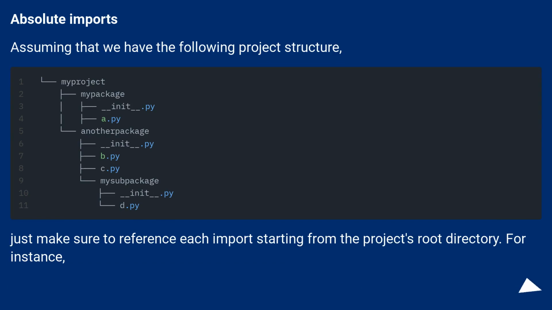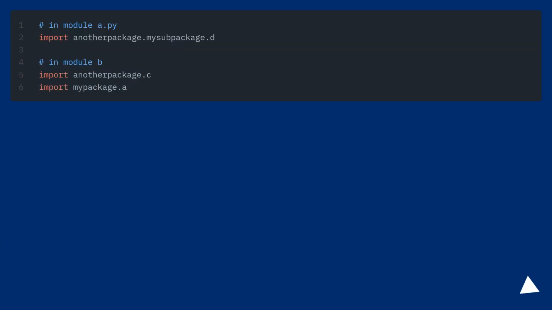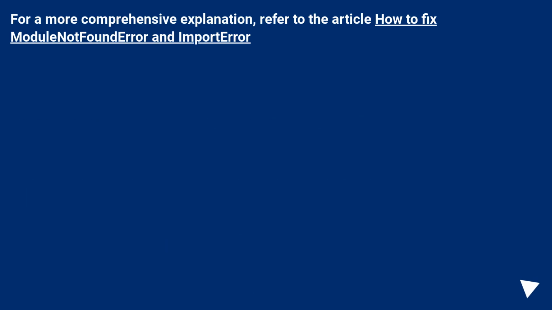Just make sure to reference each import starting from the project's root directory. For instance, for a more comprehensive explanation, refer to the article How to Fix ModuleNotFoundError and Import Error.